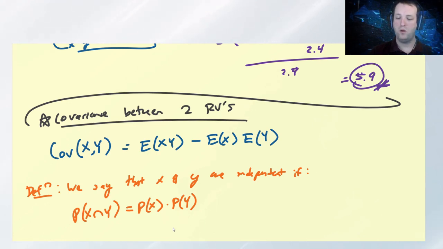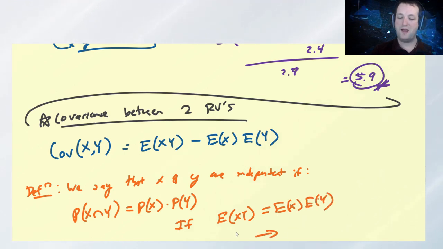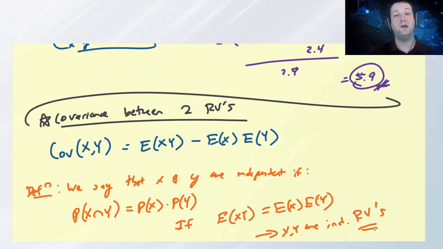Okay? So if E[xy] is equal to E[x] times E[y], then we can say, and we can easily prove this, that x and y are independent random variables, right? That is, their covariance is equal to 0, or at least they appear to be independent, right?